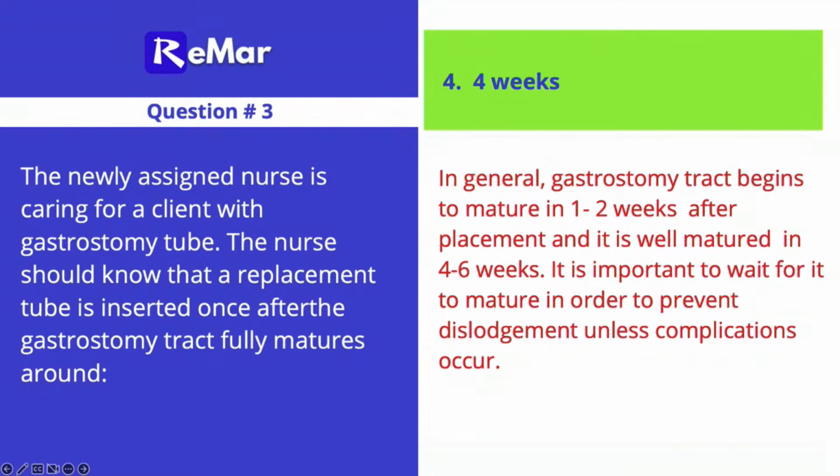It is typically well matured at 4 to 6 weeks. They begin to mature after 1 to 2 weeks of placement, but it is well matured at 4 to 6 weeks. So it is important for us to wait at least 4 weeks to prevent dislodgement complications.